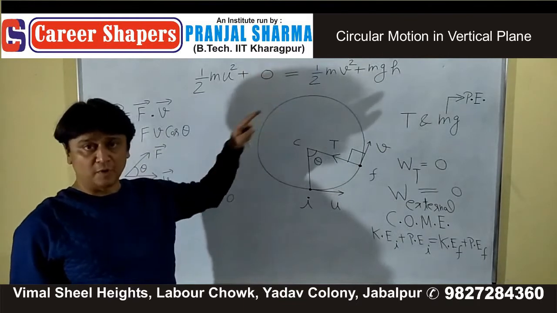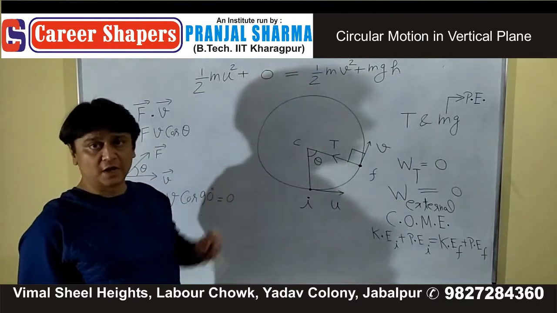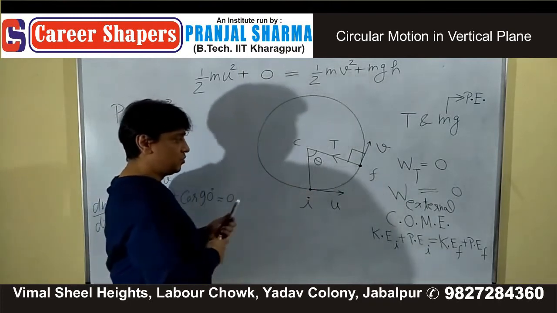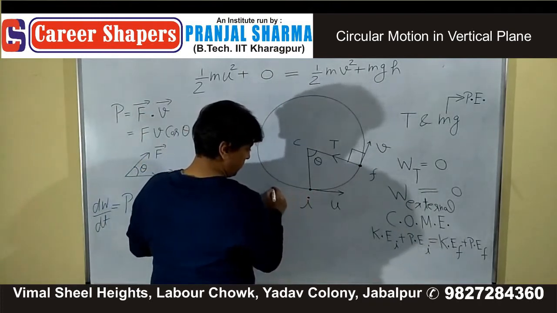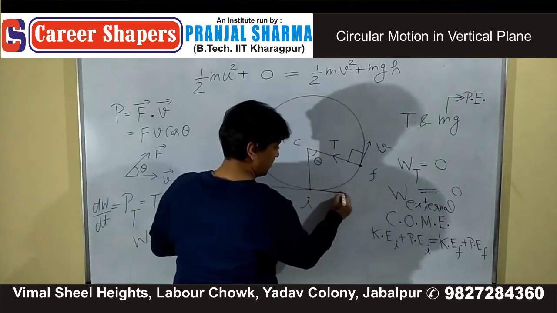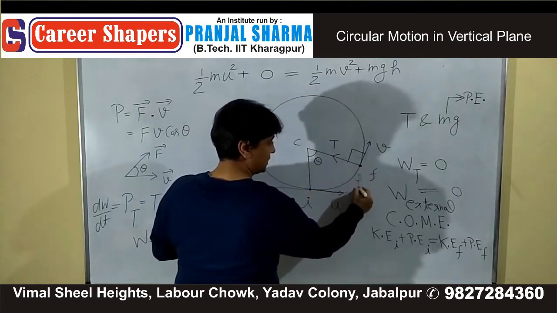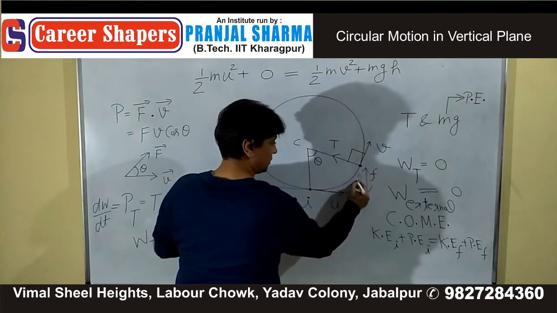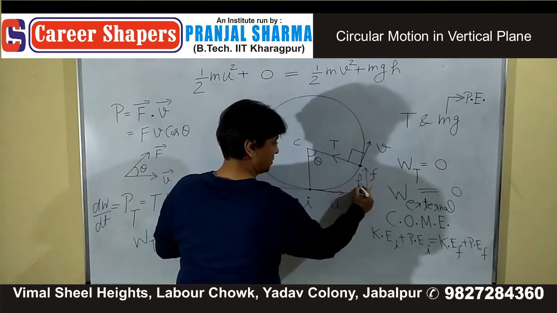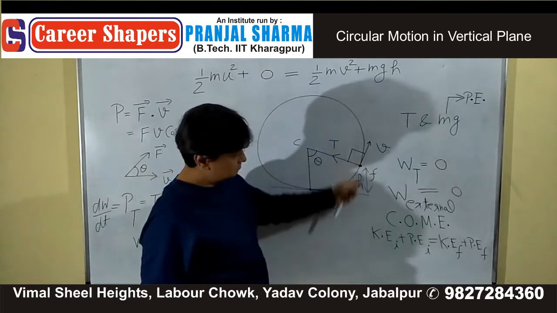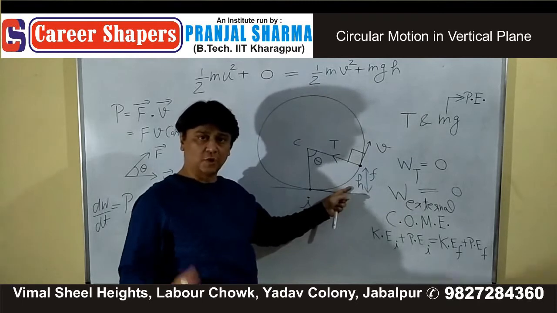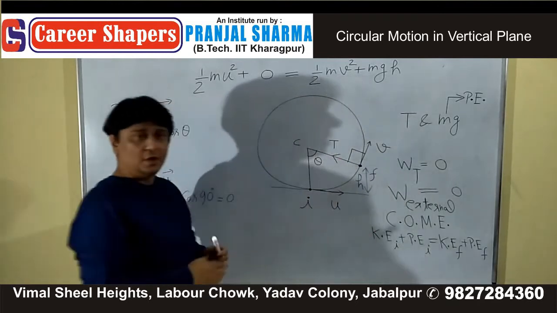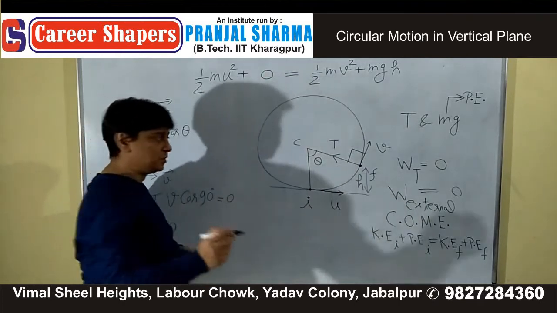H must be taken from that place where you have taken potential energy 0, which is this. That means from this lowest level, this object is at this much height. We can find this h. Question is done. There is no need of integration. We just need to find this h. And this h is also a very simple thing.